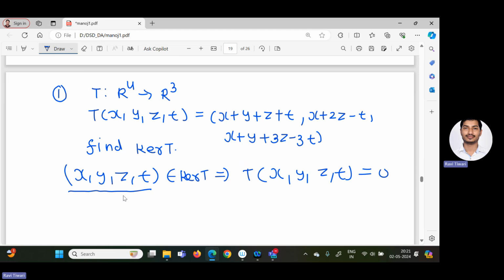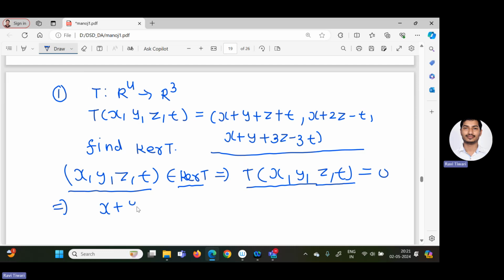If we claim that a vector belongs to kernel T, it means if I apply the linear transformation on it, T of (x, y, z, t) will be 0. And T of (x, y, z, t) is defined as (x plus y plus z plus t, x plus 2z minus t, x plus y plus 3z minus 3t). So now all the outputs we can put 0.